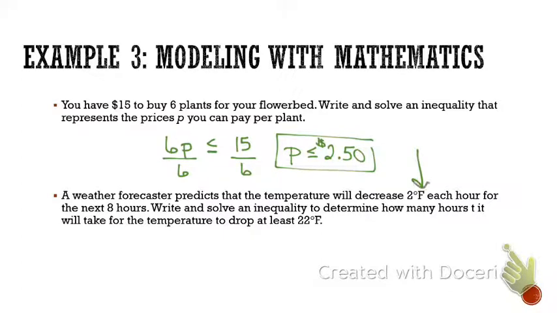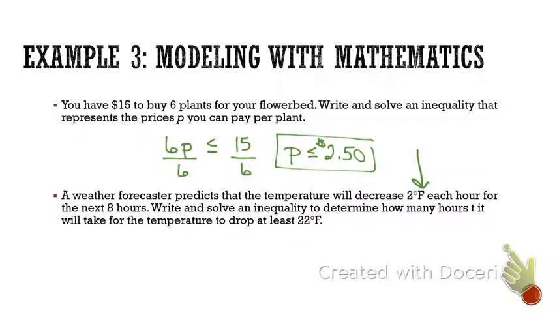The decrease in the temperature is going to be important. And again, I'm looking for some kind of a total or a final amount. I want to know how long it's going to take for the temperature to drop 22 degrees Fahrenheit. So that's how many degrees it's going to drop.